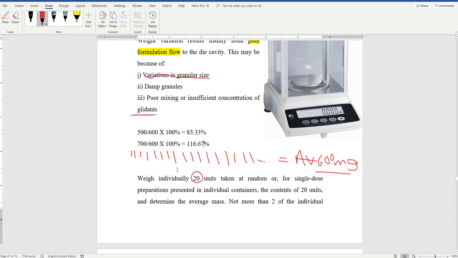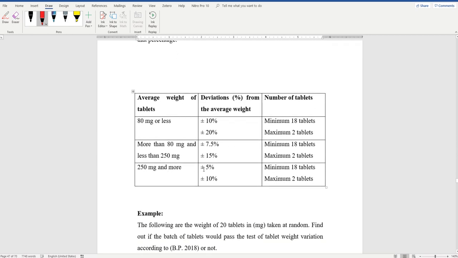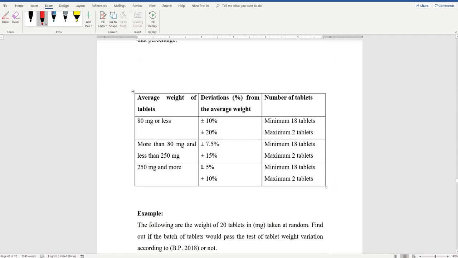Okay, obviously 600 and 500 are very different. 700 and 600 are very different, obviously. But what you need to do is look at the category here. It says the weight of each tablet can be 100% plus minus 5%.